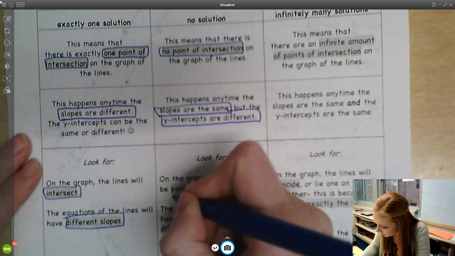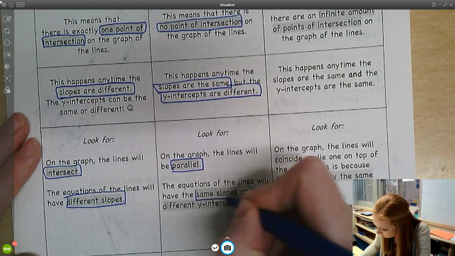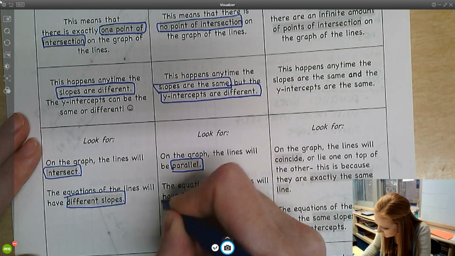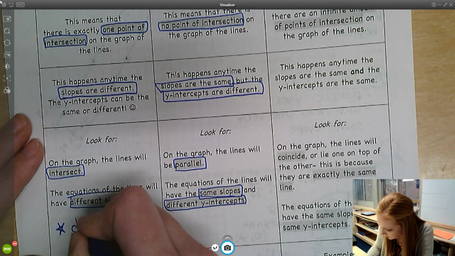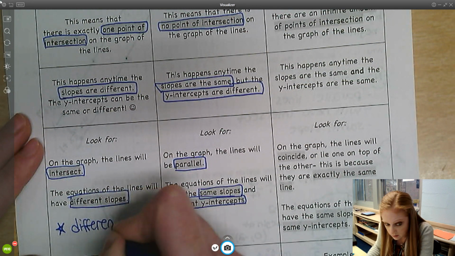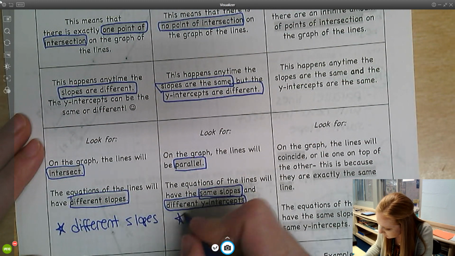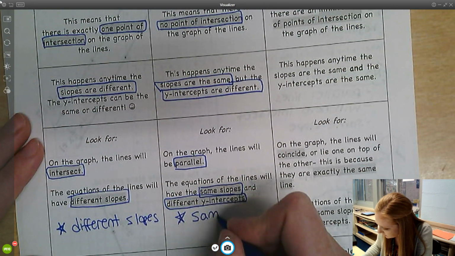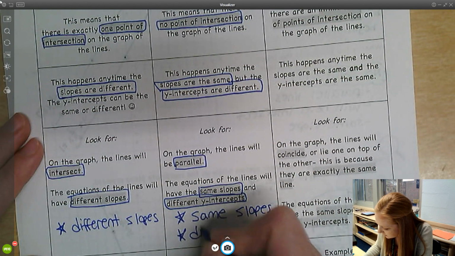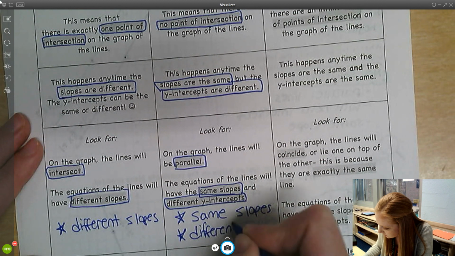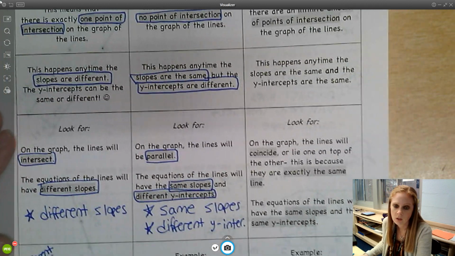So you're going to be looking for two lines that are parallel and lines that have the same slope but have different y-intercepts. So I'm just going to emphasize that here. Different slopes for one solution. For no solution, same slopes, different y-intercepts.